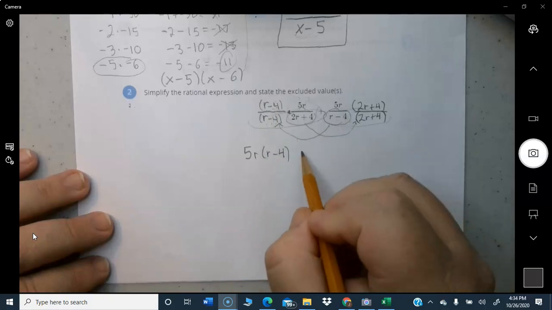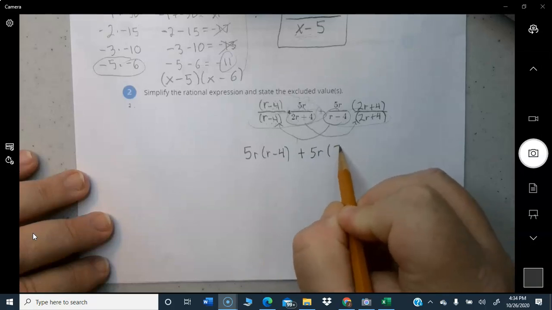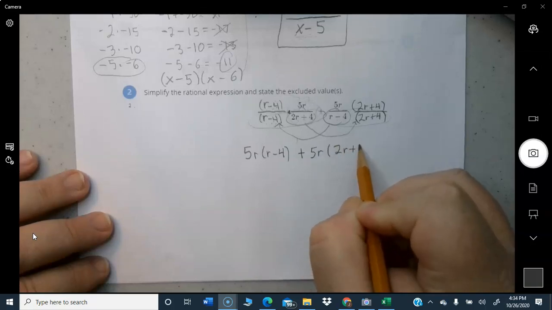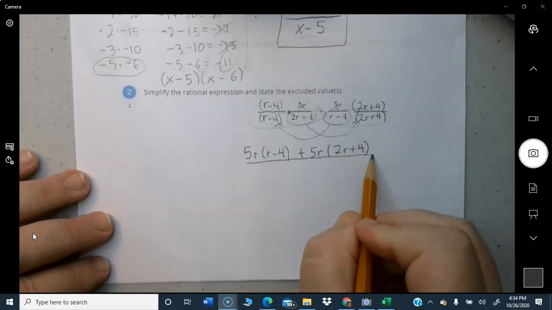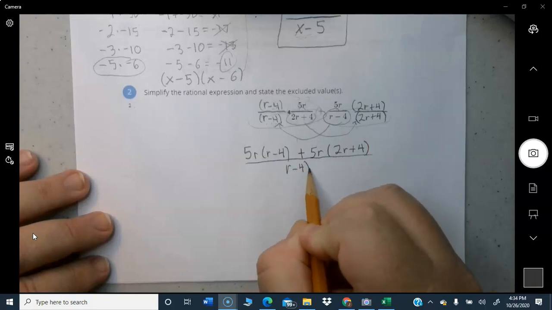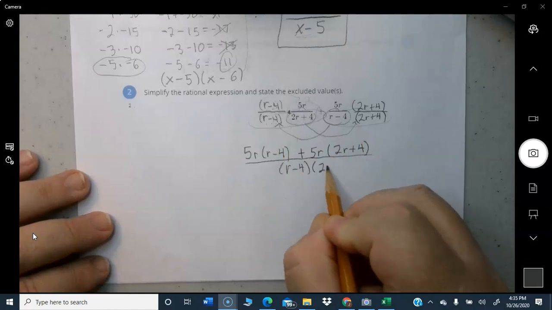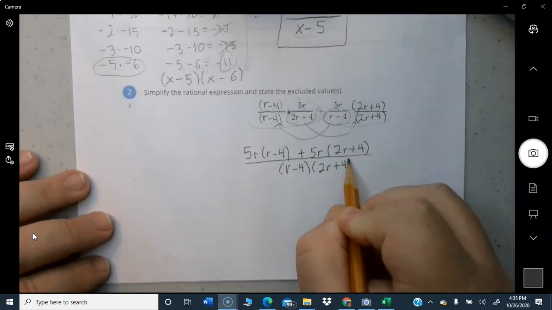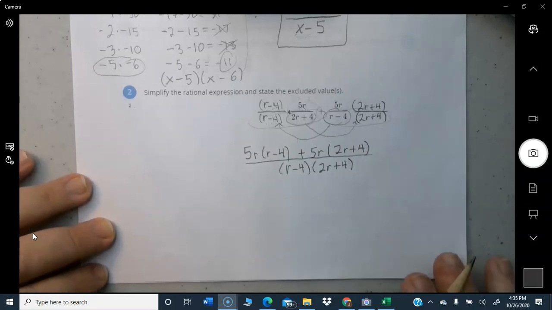Okay, plus 5r times 2r plus 4. And that's all going to be over the common denominator, so we only have to write it once now. It's r minus 4 times, it's this over here or over here, either one, but now you just have to write it once. Okay, so there you go there.